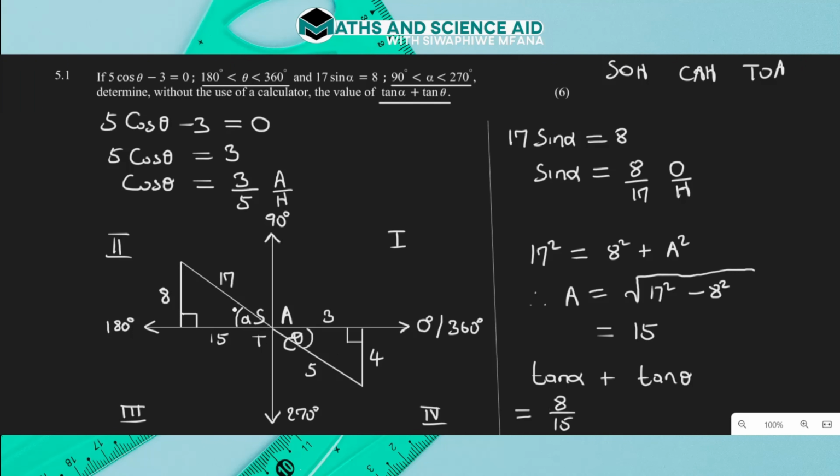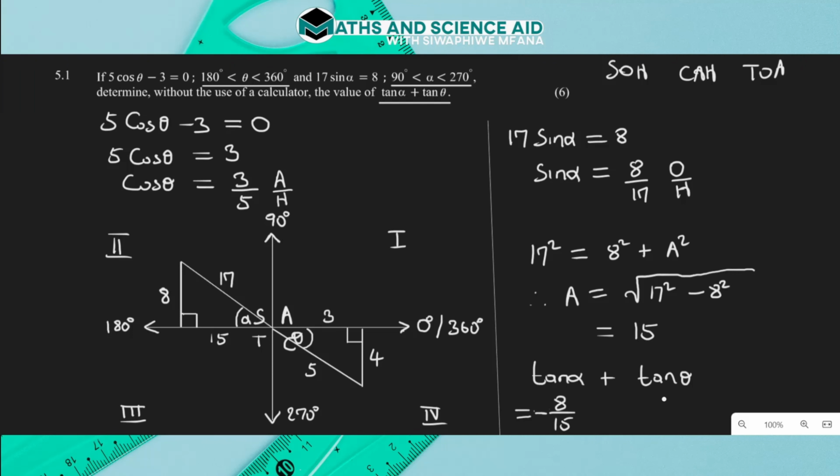So as I was saying, in this case, we can say that this right-angled triangle for tan alpha is in the second quadrant. And in the second quadrant, only the sine ratio is positive. Therefore, the tangent ratio is negative. So the 8 over 15 that we have determined must have a negative sign.